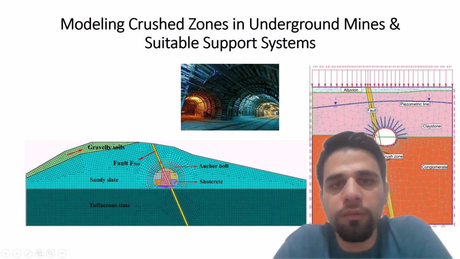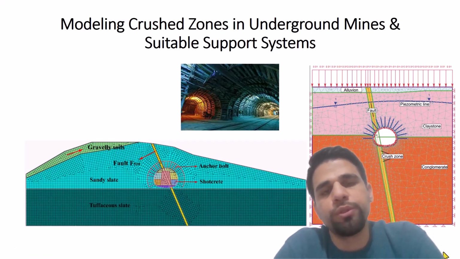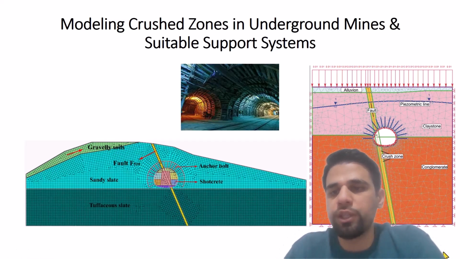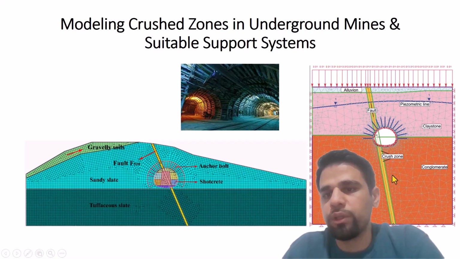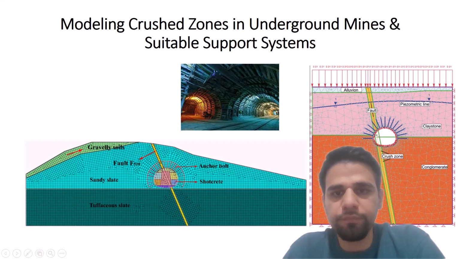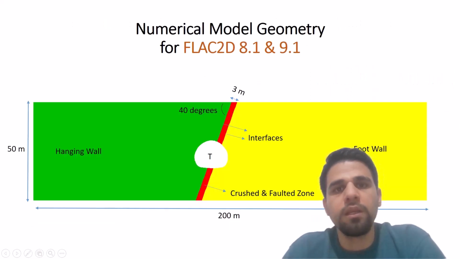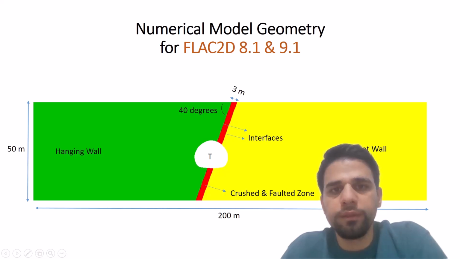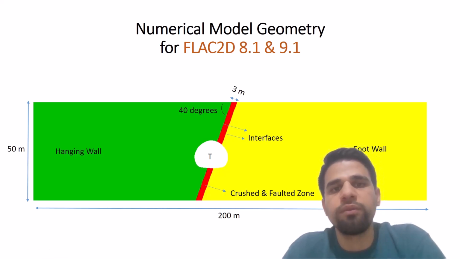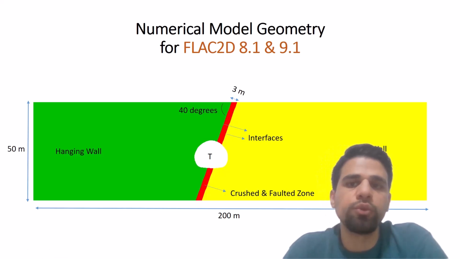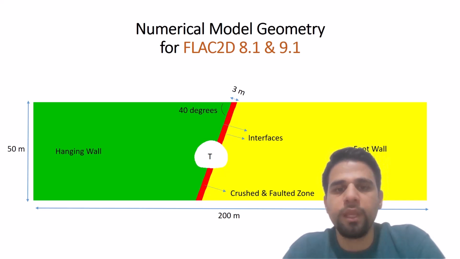The session 1 of our training course is about interaction of faulted zone with an underground mine tunnel. We want to simulate our case with FLAC2D 8 and FLAC2D 9 versions.